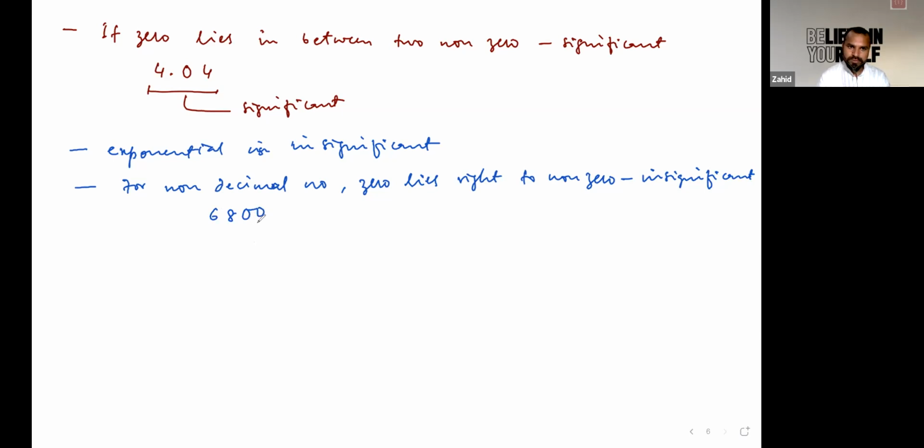So these 0s are right to a non-zero digit, but there is no decimal in this whole number. So it will have only these two significant figures. These 0s would be insignificant. Is it clear?